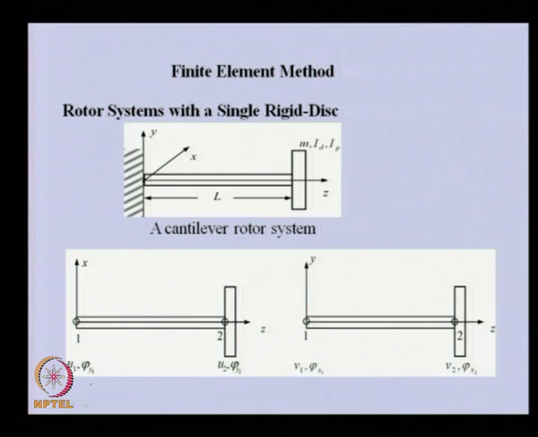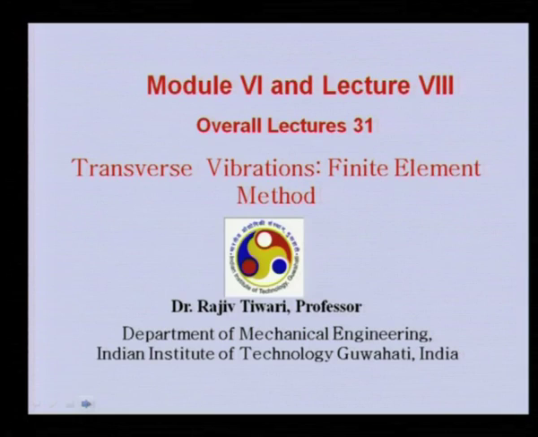In this particular rotor system, there is a cantilever shaft with a thin disc at the free end. We will consider the gyroscopic couple of this thin disc, but the gyroscopic couple of the shaft we will not consider.